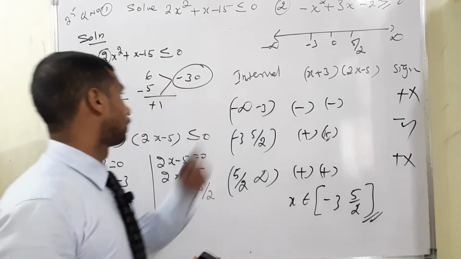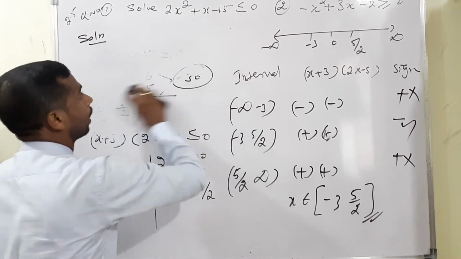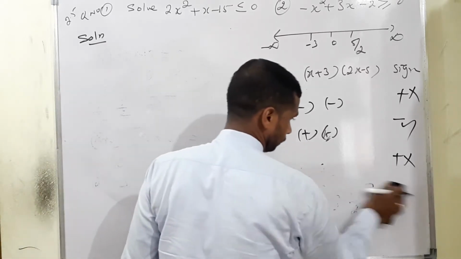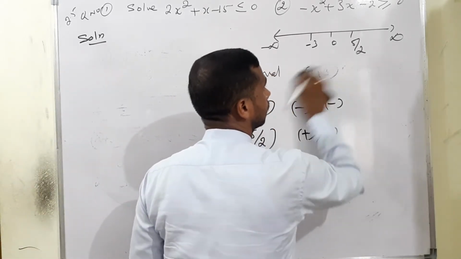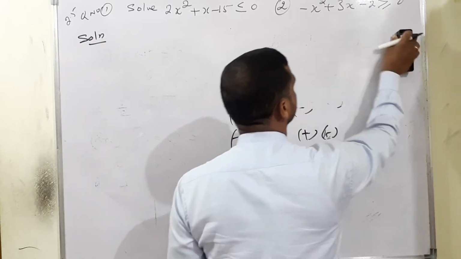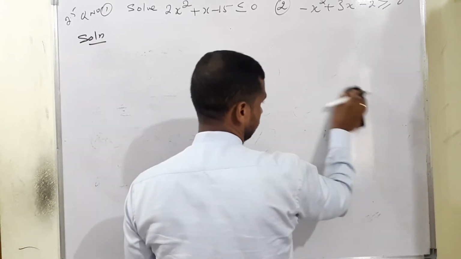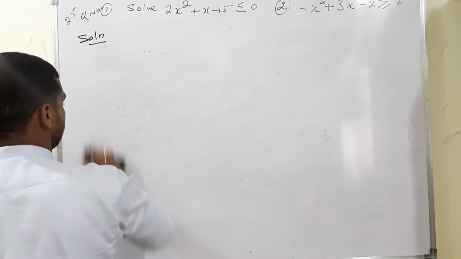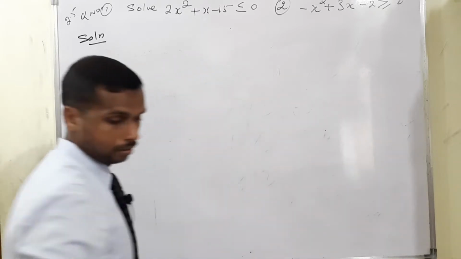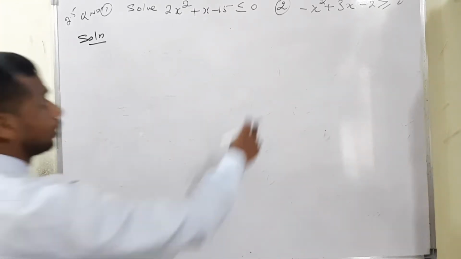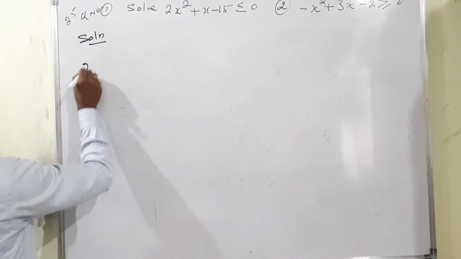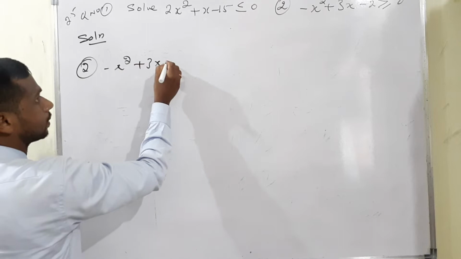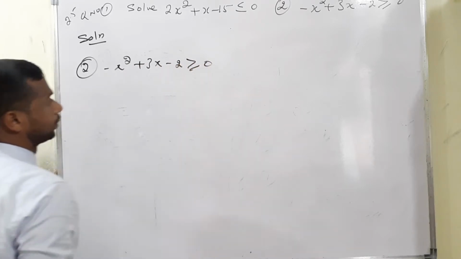Moving to question number 2: minus x² plus 3x minus 2 greater than or equal to 0.